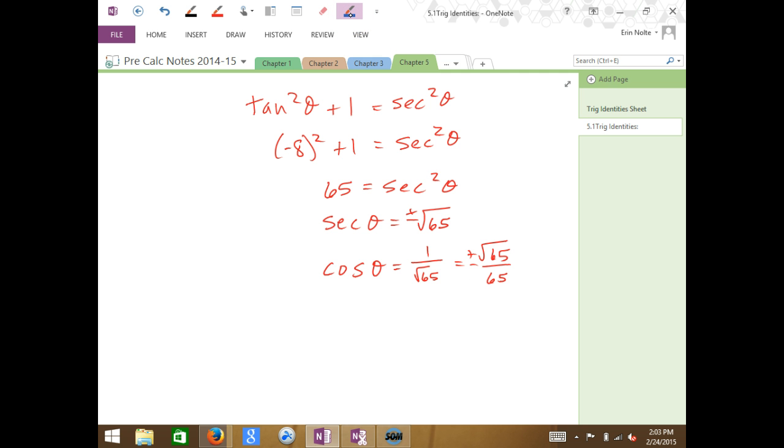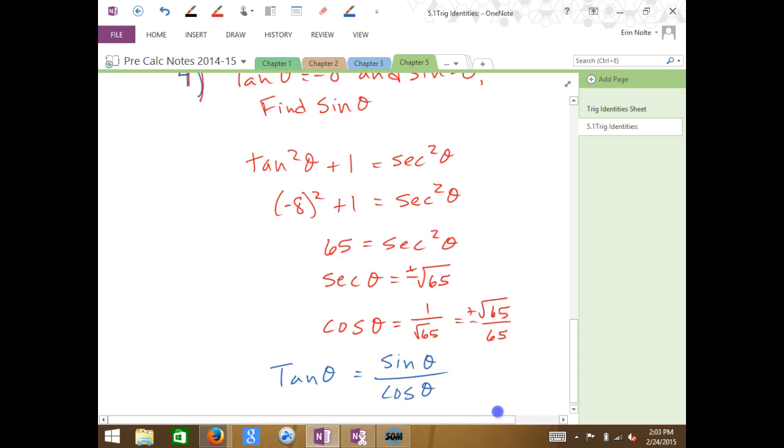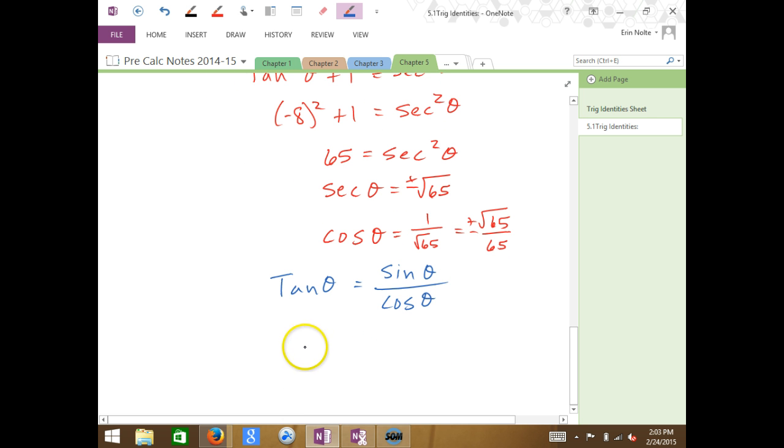The quotient identity says the tangent is equal to the sine over the cosine. Now I'm just going to fill in my values. The tangent was given to us as -8. The sine is still what we're trying to find. And the cosine is the square root of 65 over 65. We still are unsure if we want plus or minus there.